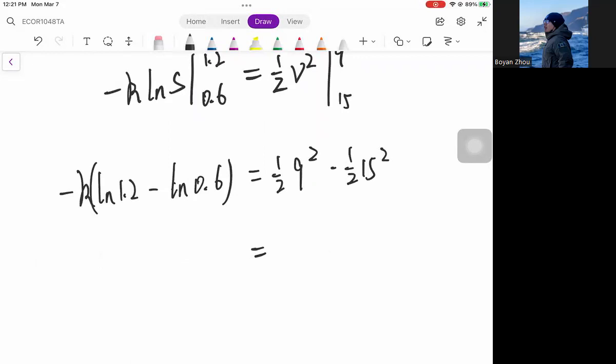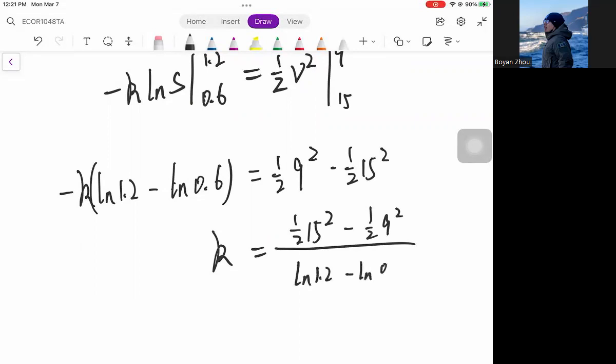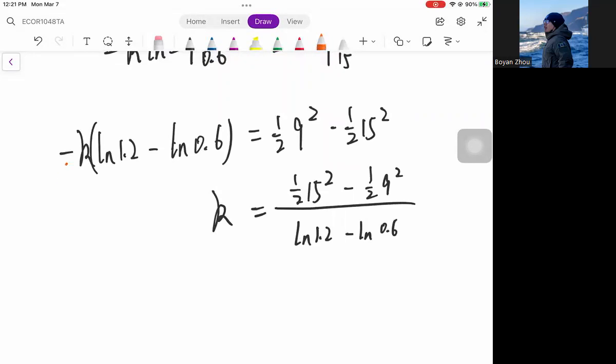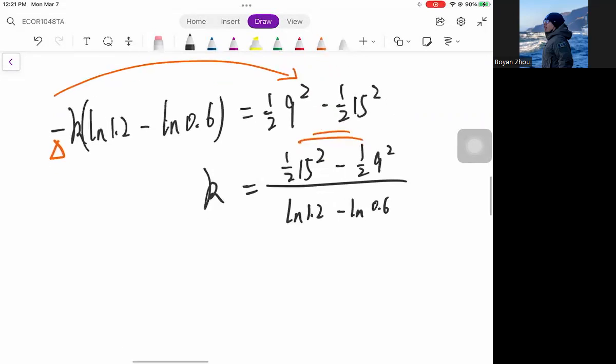We're just going to put everything into a calculator. I'm moving this negative value to the right hand side, so 15 is going to go to the left and 9 is going to go to the right. So just use a calculator to do that.